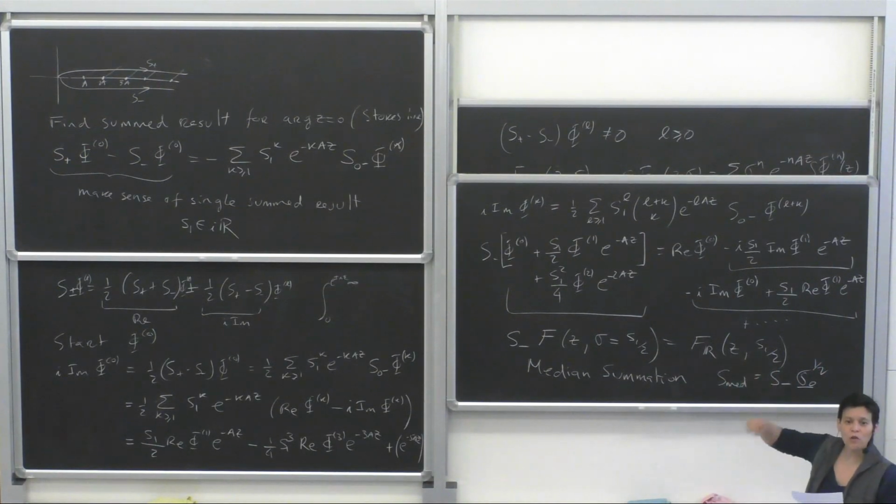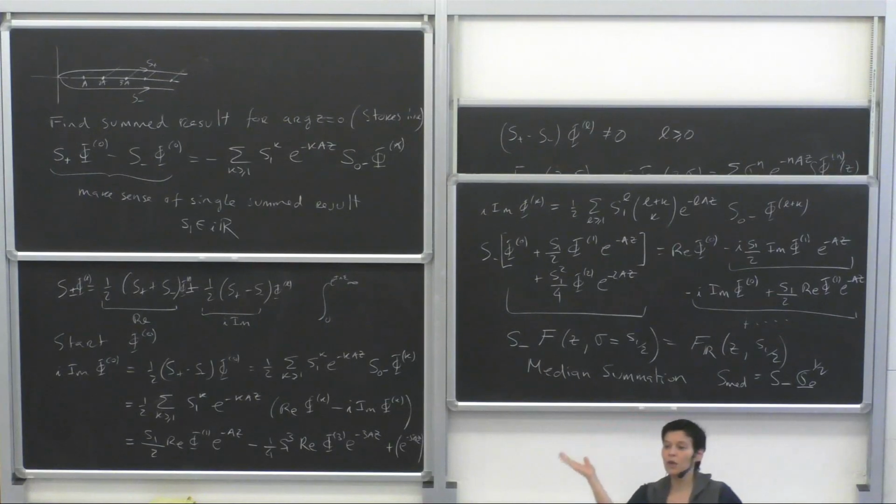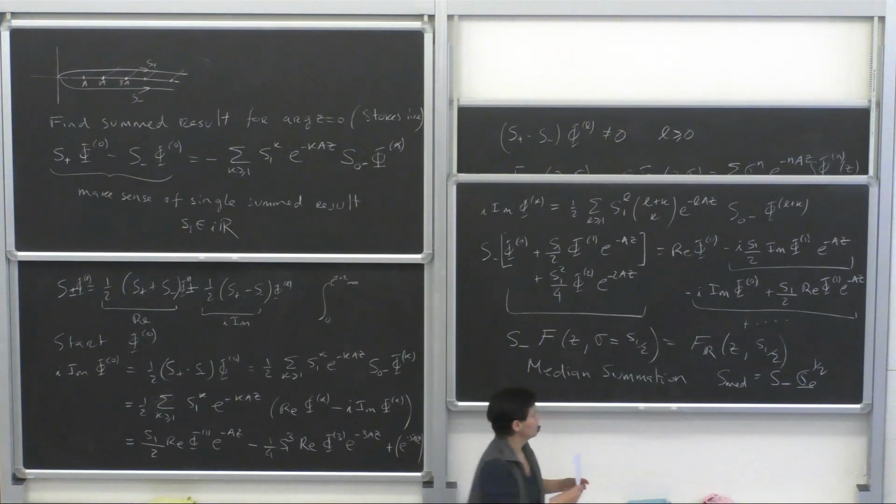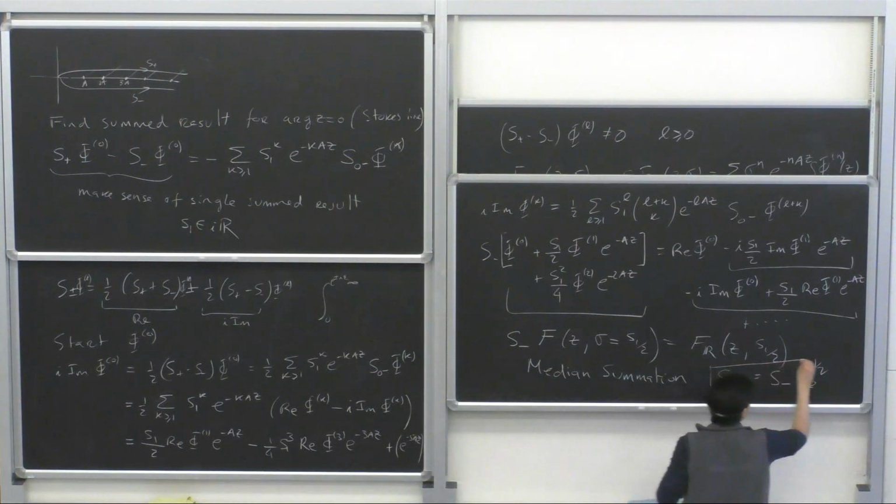That's why the S1 over 2 is coming from, and not just S1. The Stokes automorphism gives you the jump across the Stokes line. Half the Stokes automorphism, instead of jumping by S1, you're jumping by S1 over 2. That's basically what it's doing. So this is the medium summation.